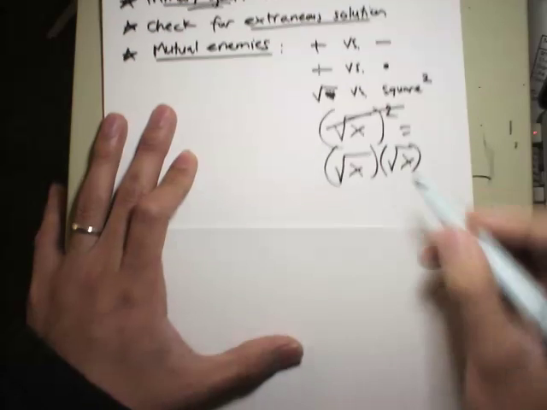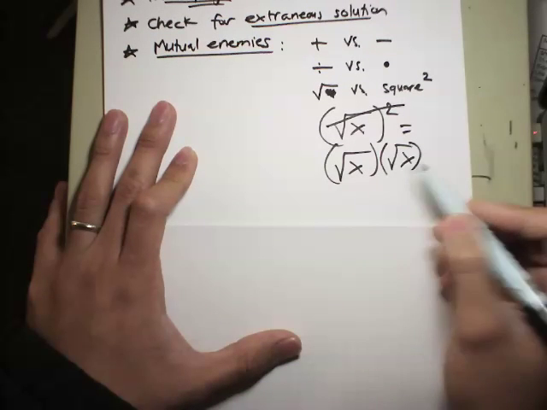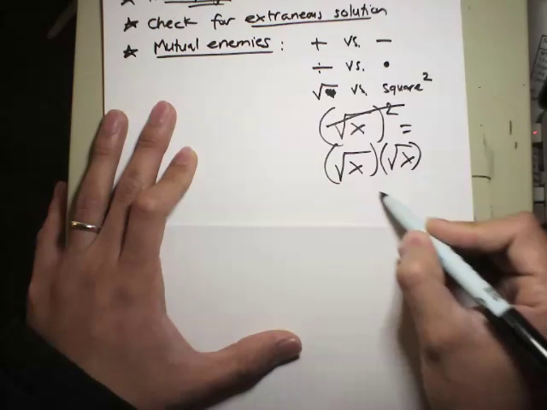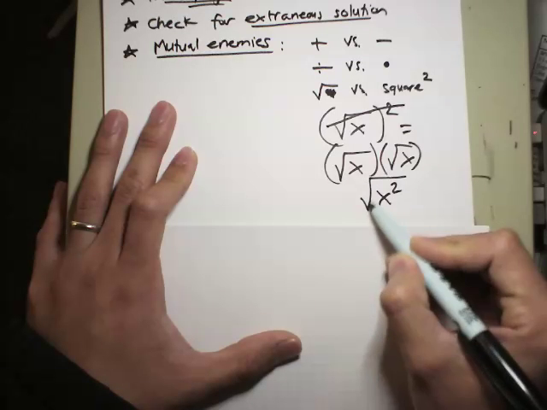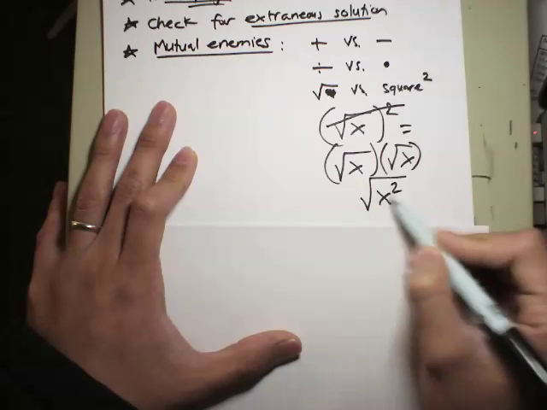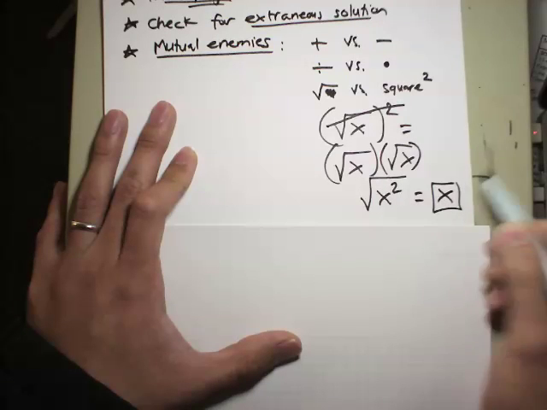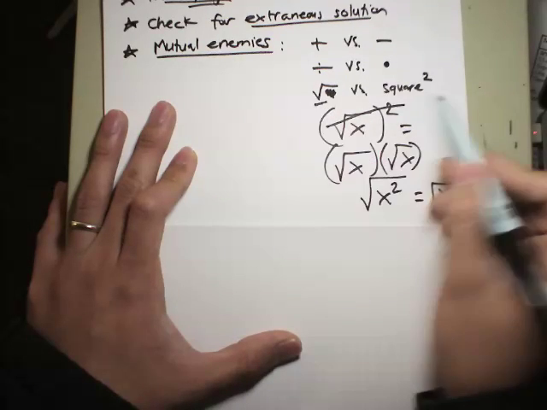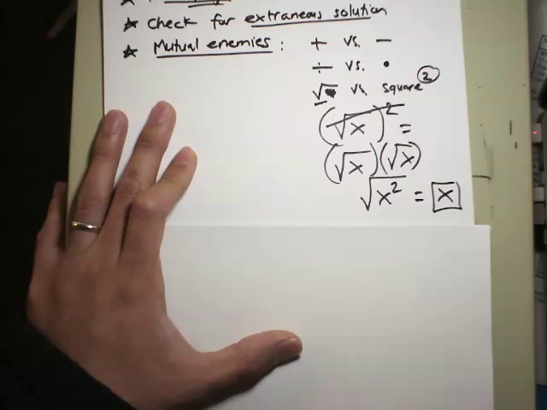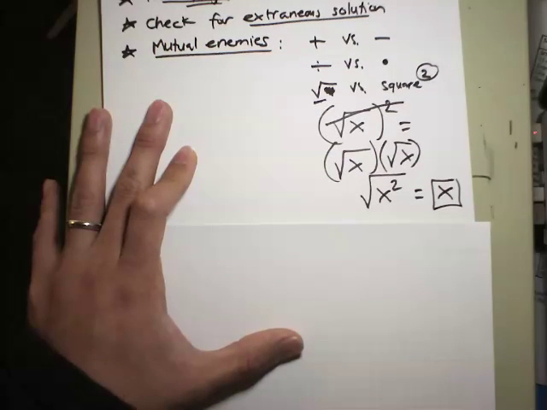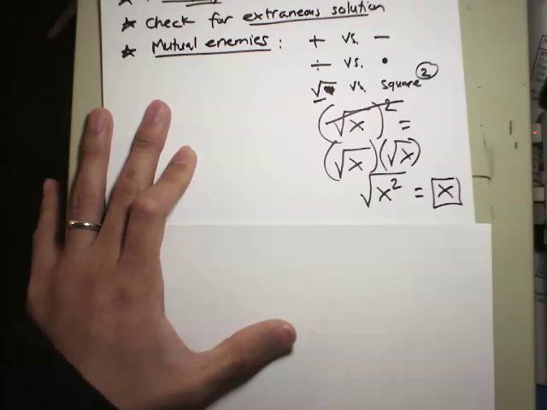You learned the operations of radicals before. x times x is x squared inside, and as you can see, the square root of x squared means I want to look for a twin, right? We do have a twin of x, so therefore the answer is just x. So understand that the square root sign here is the mutual enemy of square. Okay, we're going to need to use that a lot for this particular lesson.